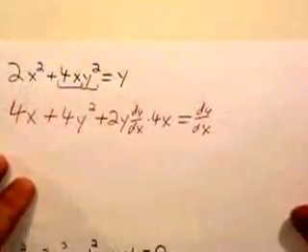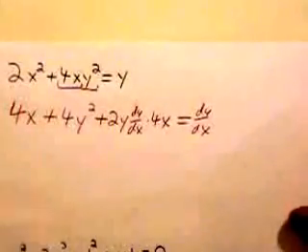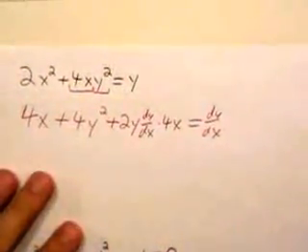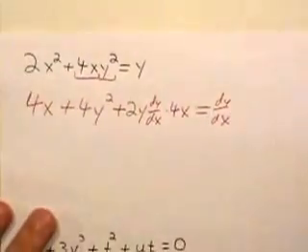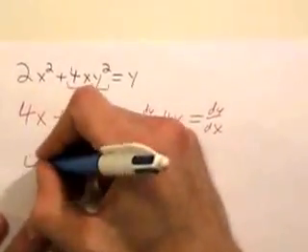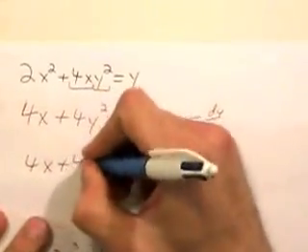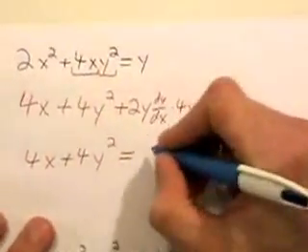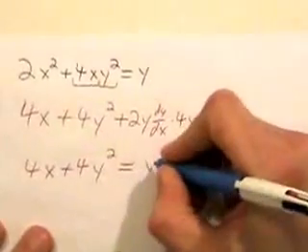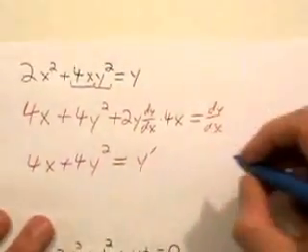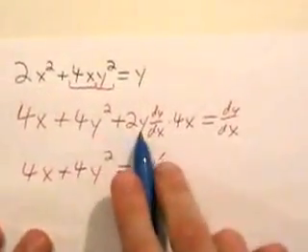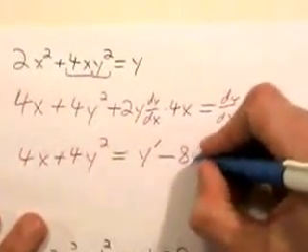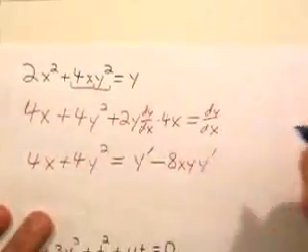If I want to clean this up, what am I going to do? I'll take this over to the other side, get all the dy/dx terms on one side, all the non-dy/dx terms on the other side, and that will leave me with 4x plus 4y squared equals dy/dx. I'm just going to write it as y prime because we know what it means. Y prime minus, now if I take this to the other side and I combine it, that'll be 8xy y prime.